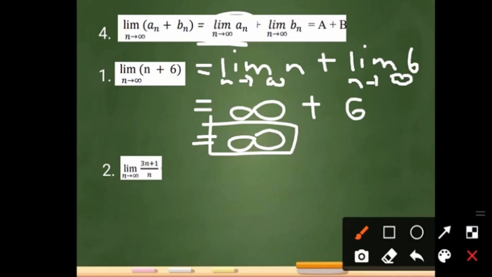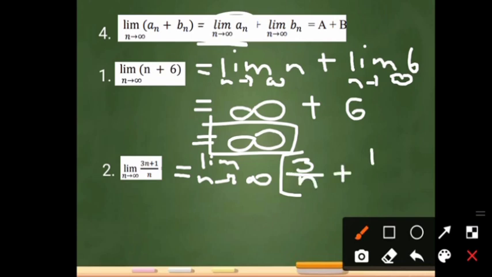By distributive law, we distribute the limit, which is 3n over n plus 1 over n.